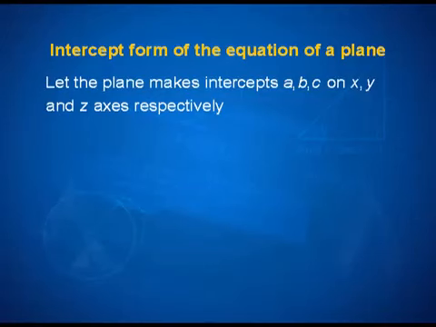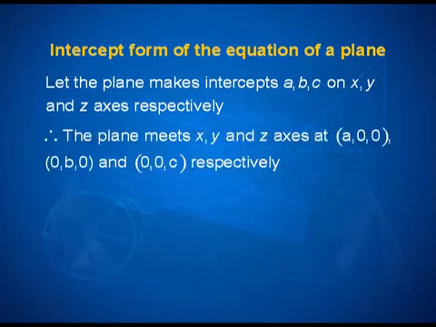Here we have a plane making intercepts a, b and c units on x, y and z axis respectively. So, the plane must meet the 3 axes at the points (a, 0, 0), (0, b, 0) and (0, 0, c) respectively. Now, in this case again you can use the same procedure as in our previous question, because these are 3 non-collinear points.